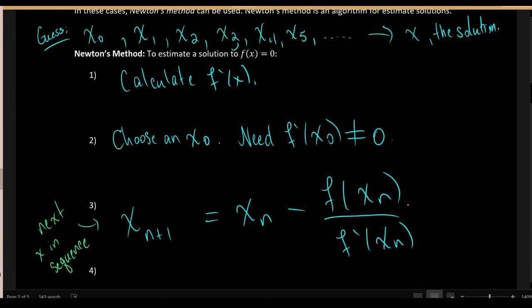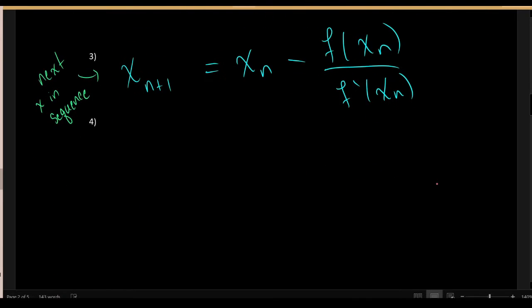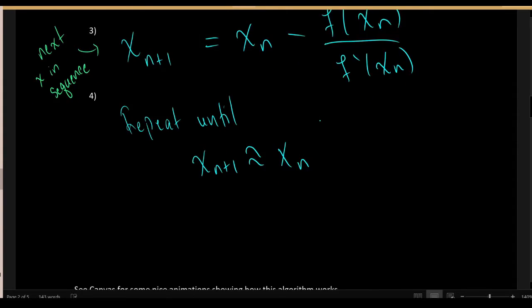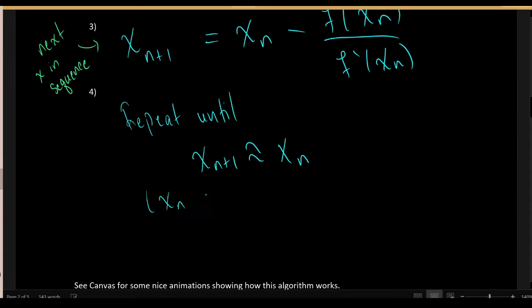Use x1 on the right-hand side to calculate x2, use x2 to calculate x3, use x3 to get x4, use x5 to get x6, and so on, repeat until the next x that you calculate is approximately equal to the x that you started with, x sub n. In other words, repeat until the x sub n stabilizes. That x sub n is your approximate solution.